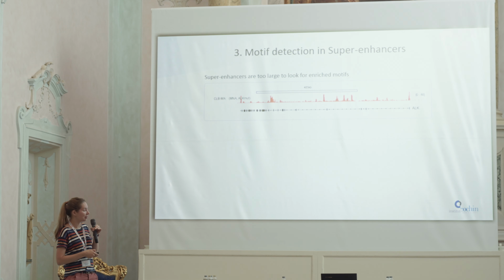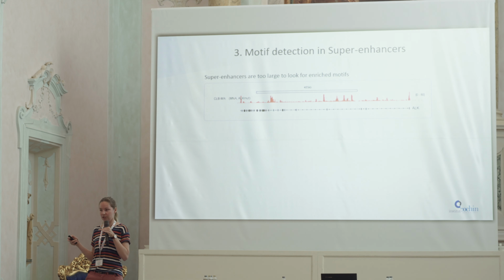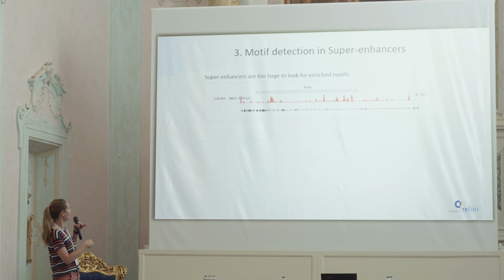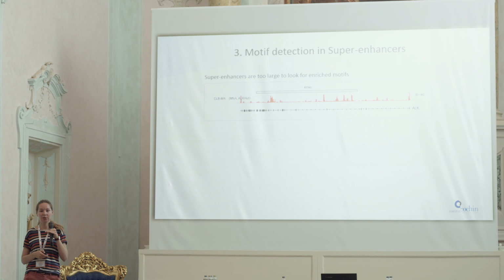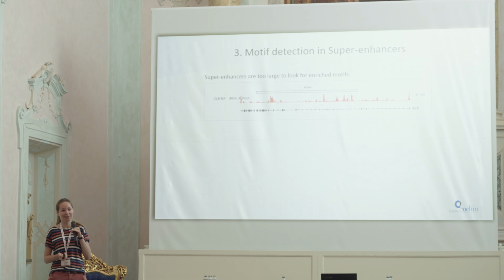But our super enhancers are very large. Here it's a super enhancer which comprises almost 500 kilobases. It's huge. And you're looking for enrichment of motifs which are very small, like the GATA motif, 5 letters. How can you find an enrichment of something which is very small in a region which is huge like this? Only if the signal is very strong.